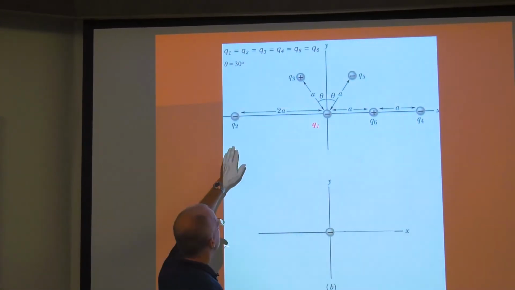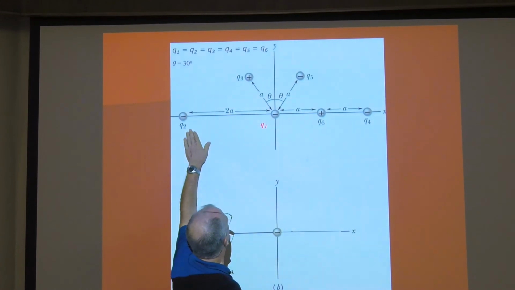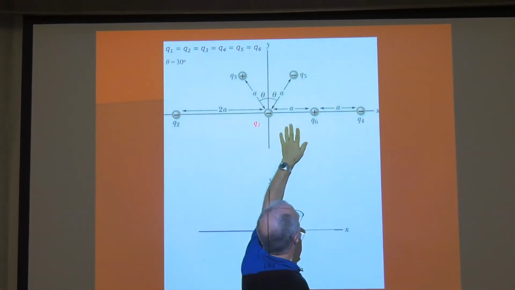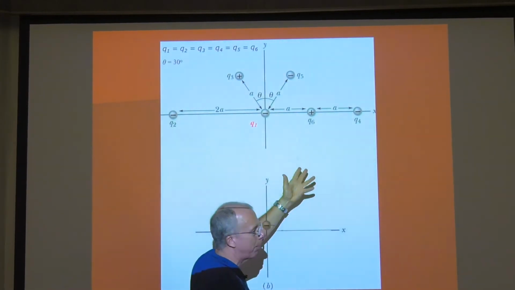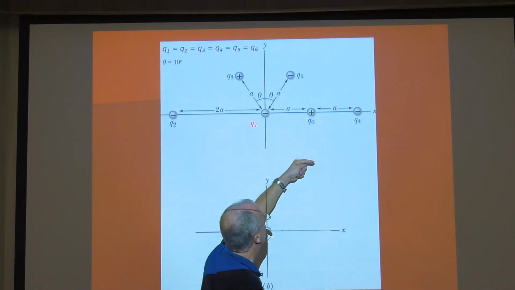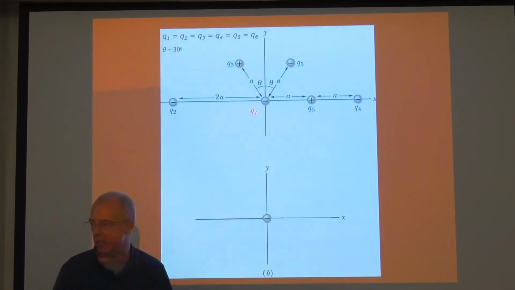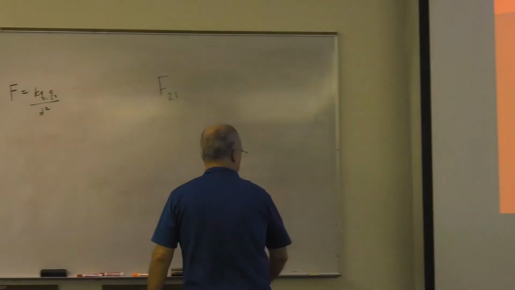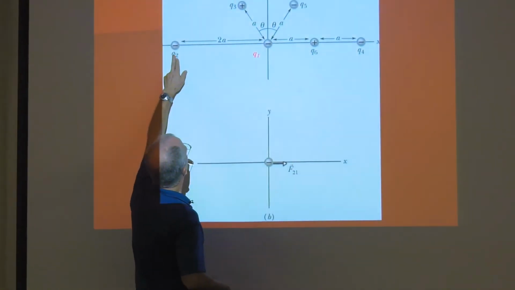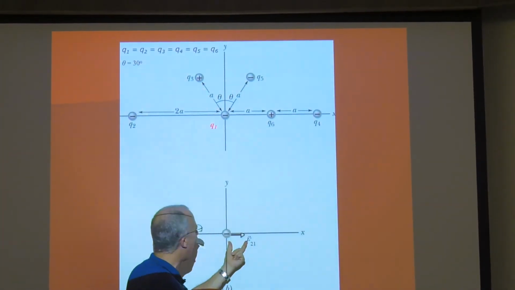Now, notice that this is 2A apart, and a lot of the rest of them are just A apart. So the force is going to be to the right, but it's going to be small because the distance is large. So this particle pushes this one to the right with a small magnitude.